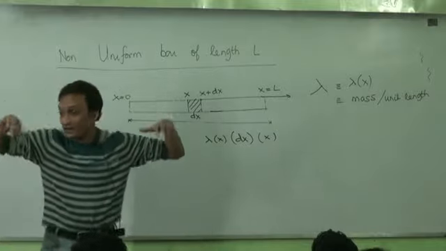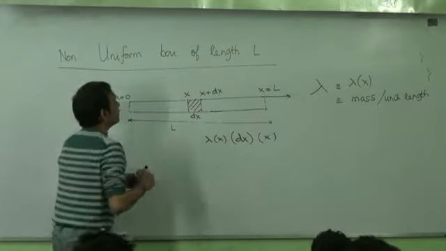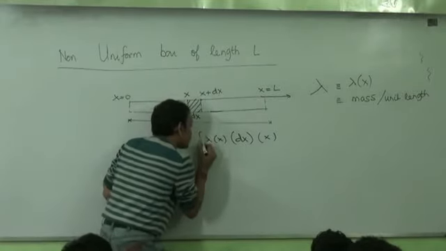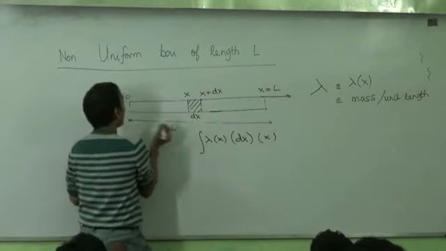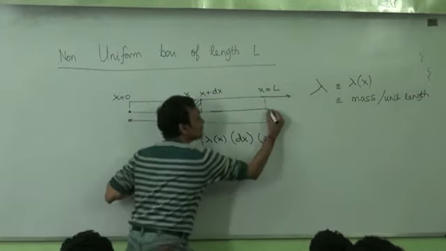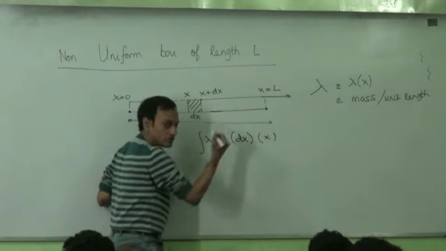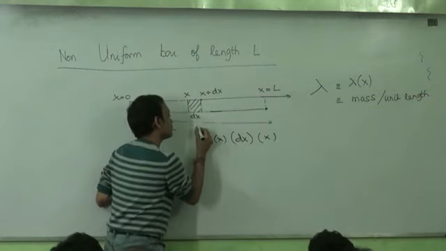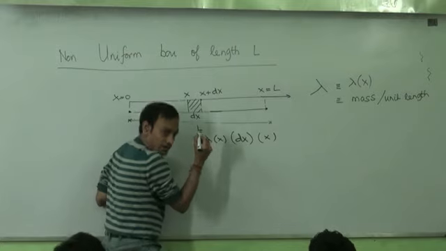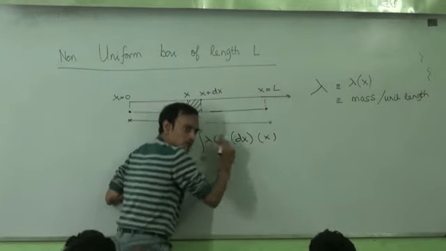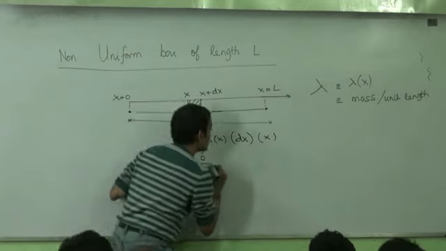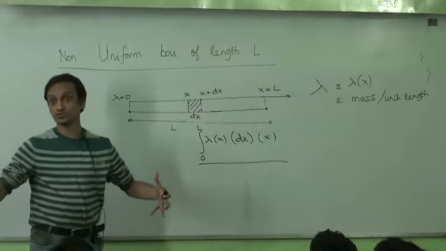We need to sum up all the m_i x_i's. Summing up all the m_i x_i's would really mean this integral, where x runs from 0 to L.